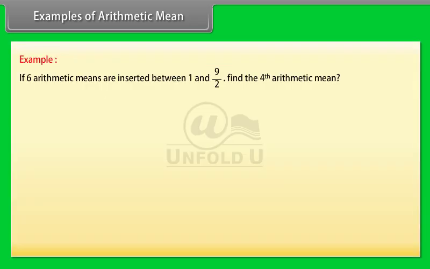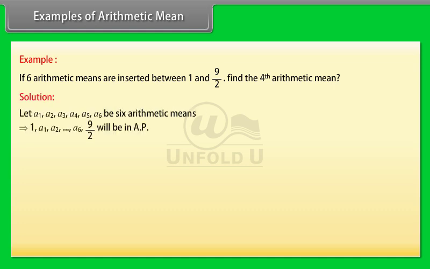Example of arithmetic mean. If 6 arithmetic means are inserted between 1 and 9 by 2, find the 4th arithmetic mean. Solution: let A1, A2, A3, A4, A5, A6 be 6 arithmetic means.